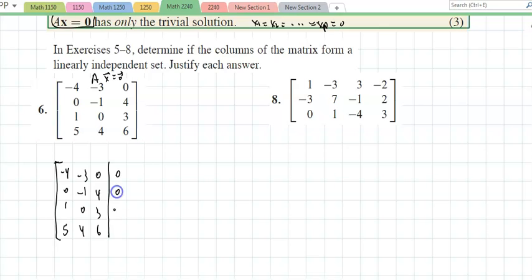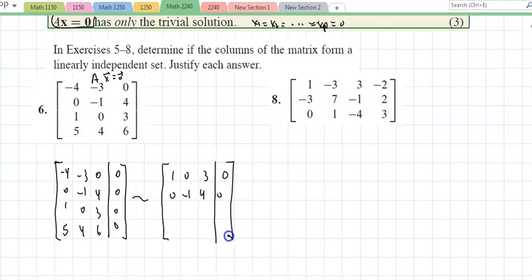And if I set this equal to 0 and solve and see the weights, if I actually work this out, this is what I'll get. I'll get a 1, 0, 3, 0, 0, negative 1, 4, 0, 0, 0, 7, 0, and one of those 0 columns goes out completely.